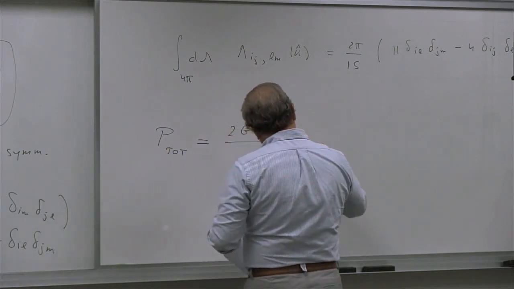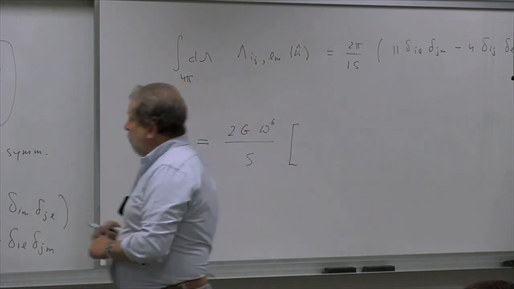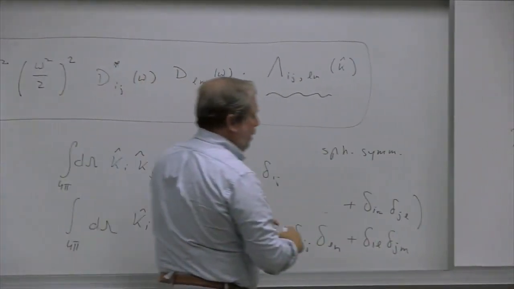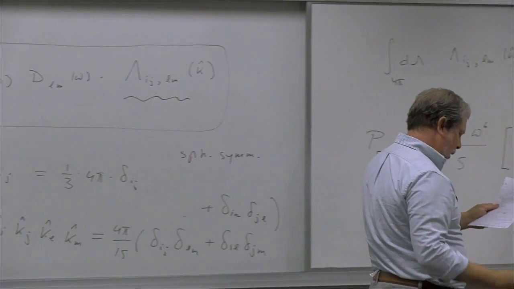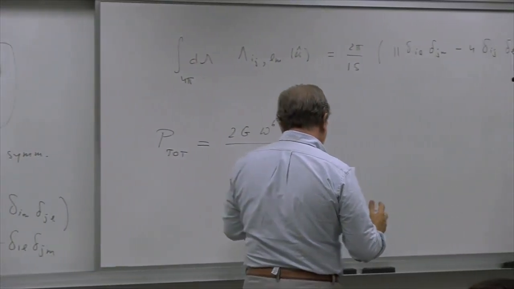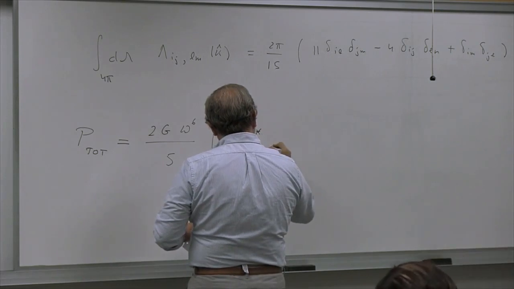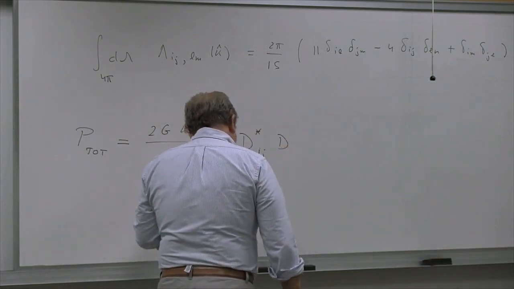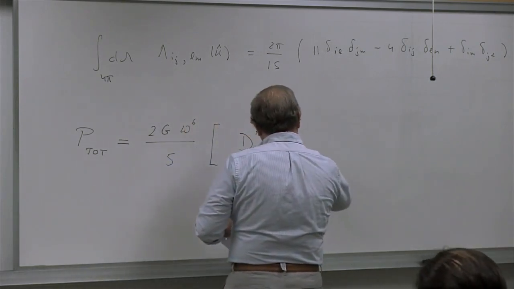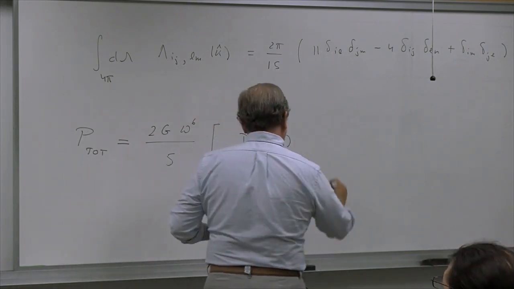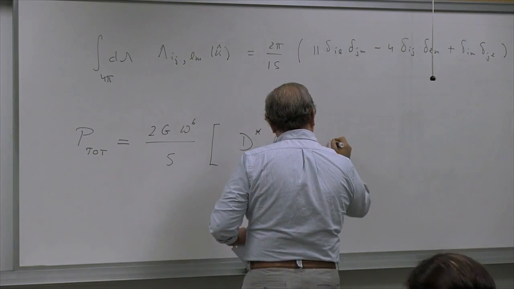And now, what's left over, the lambda is gone, and there's just going to be some contraction of these indices, and the contractions are precisely what you would expect from some sort of quadrupole radiation. So it's d star ij of omega. Let me write that this depends on the frequency, and then dij again, of omega.